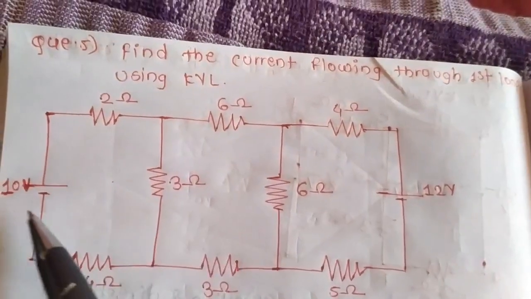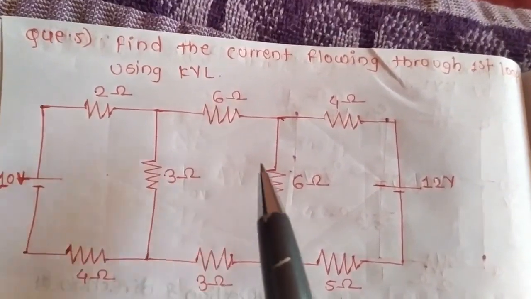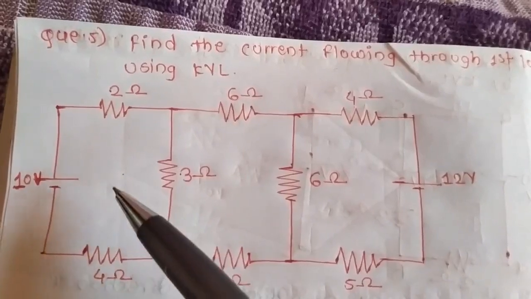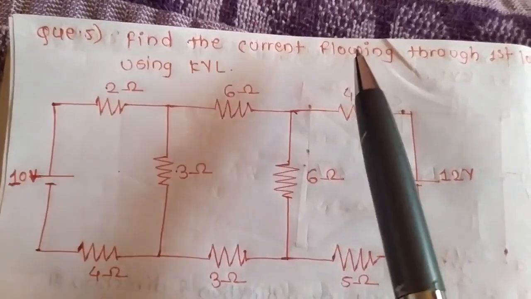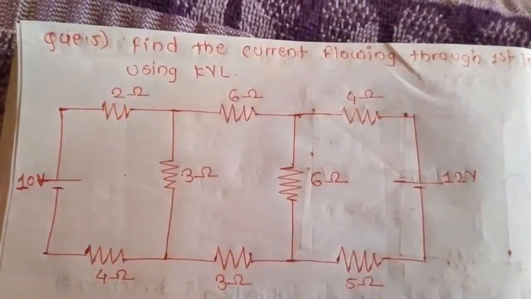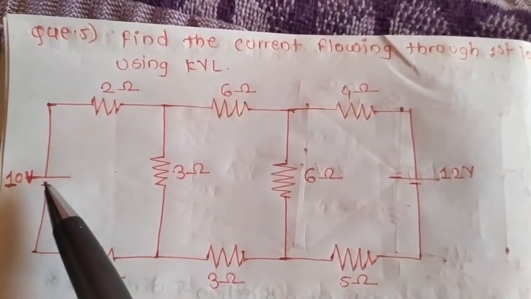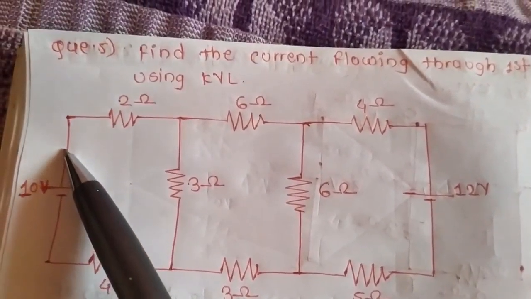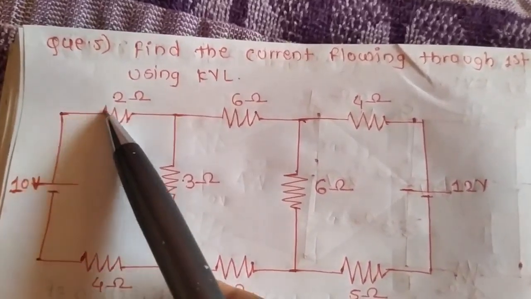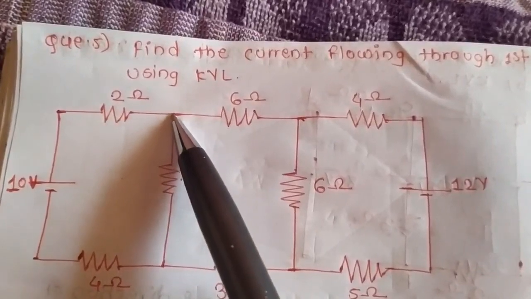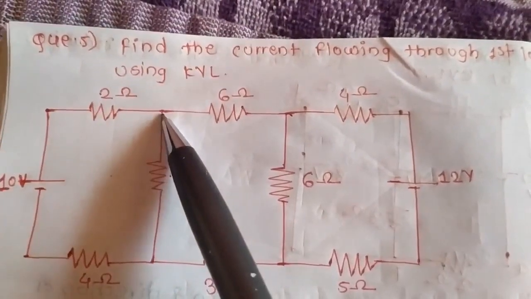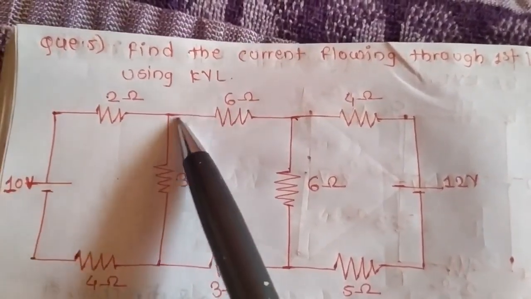Now see, this is a next level problem because we have three unknowns and three equations to calculate current. Find the current flowing through the first loop using KVL. Yes, if we take current I1 from this 10 volt, I1 is the same, but at this point current is divided here and here.